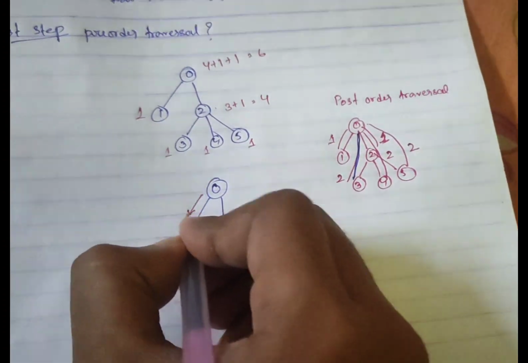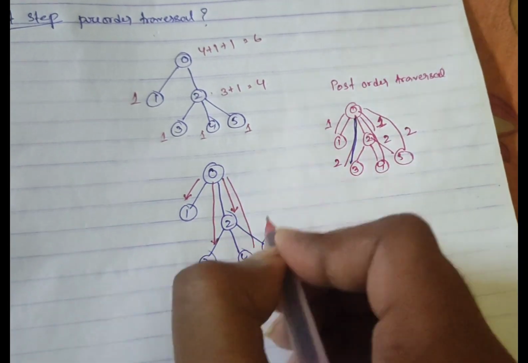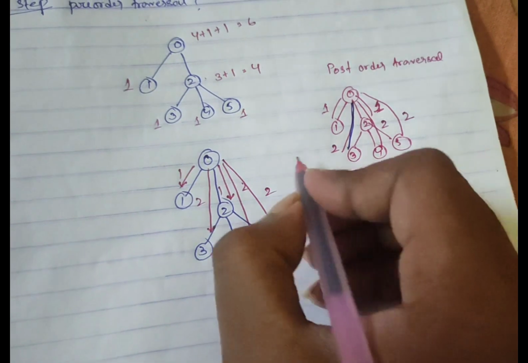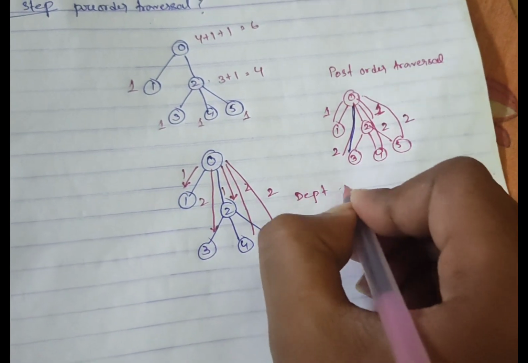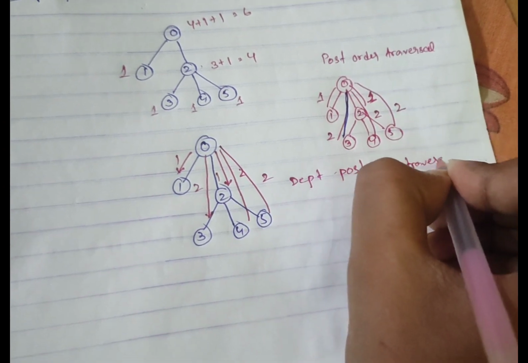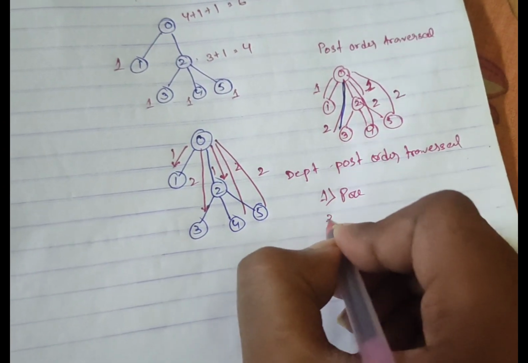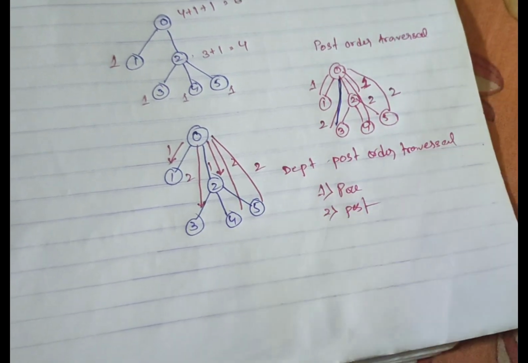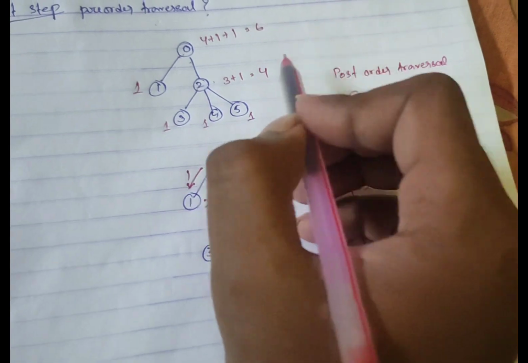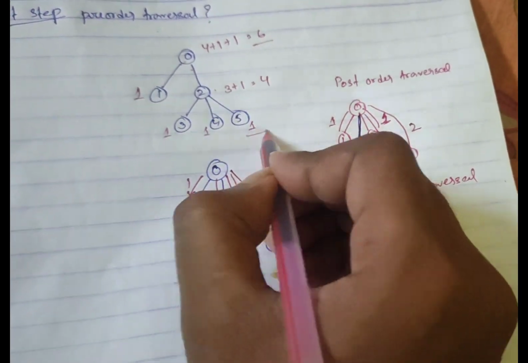Check 1, then check 2, then check 1, then check 2, and then check 2. We are doing depth now, so that's how we are doing post order traversal. Okay, so first we are doing pre-order, then we are doing post order for the traversal, and checking the distance from the root to the subtree nodes.